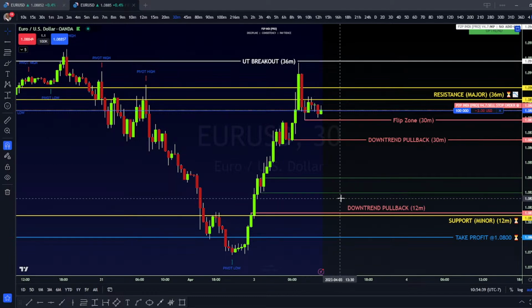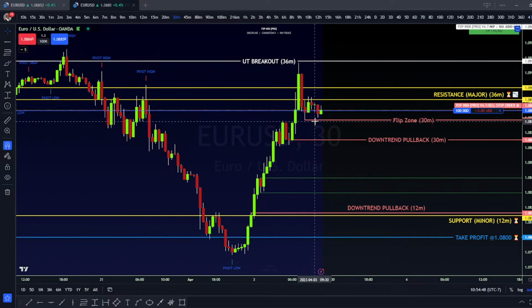Unless you took one of my classes and I taught you how to trade, it would be difficult for me to spend the time to explain how a flip zone works and what the behind the scenes of it is. But what I'm anticipating is for a base candle like this to be created around this price. And if it does, that's confirmation of a downtrend.